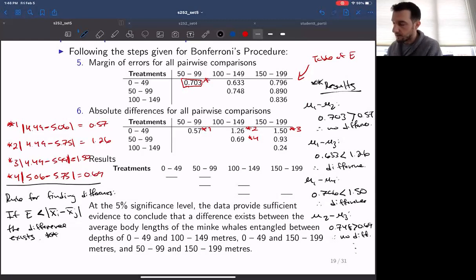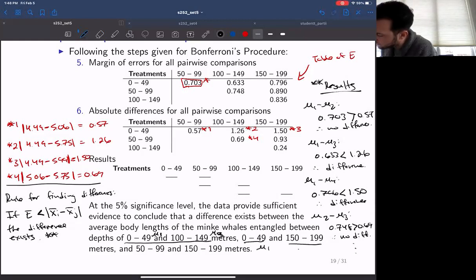Okay, so then in the end, we can conclude at the 5% significance level, the data provides sufficient evidence to conclude that a difference exists between the average body length of the whales entangled at depths of 0 to 49 and 100 to 149. So this is mu 1, mu 3, sorry.